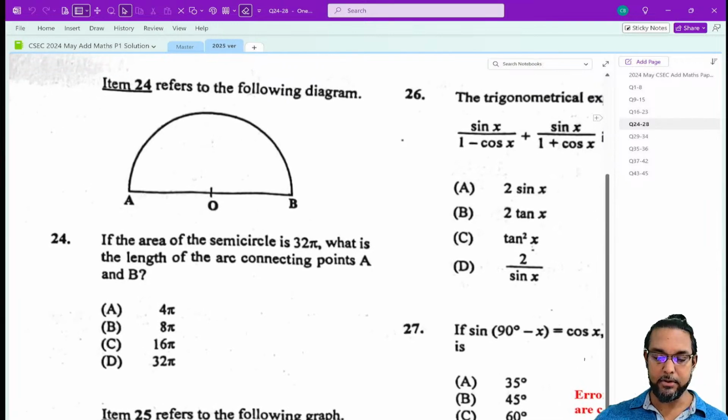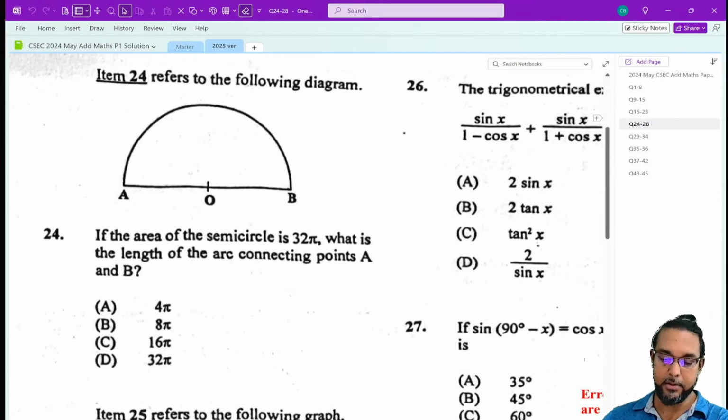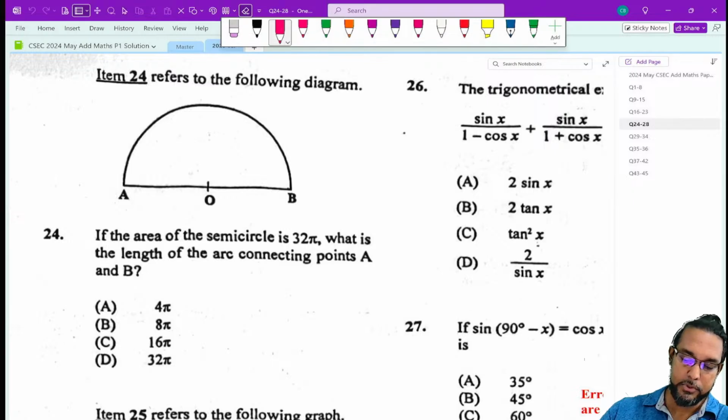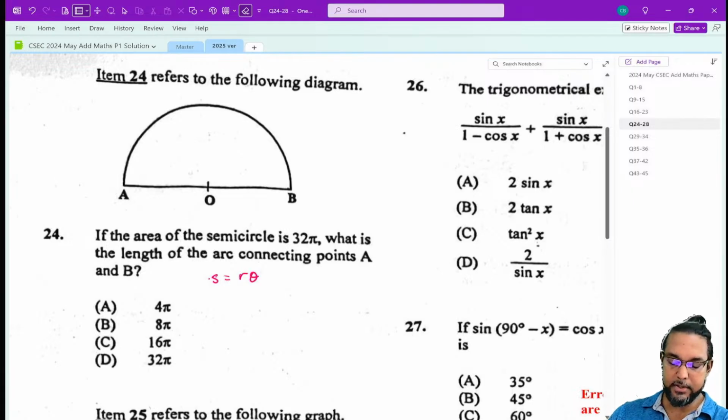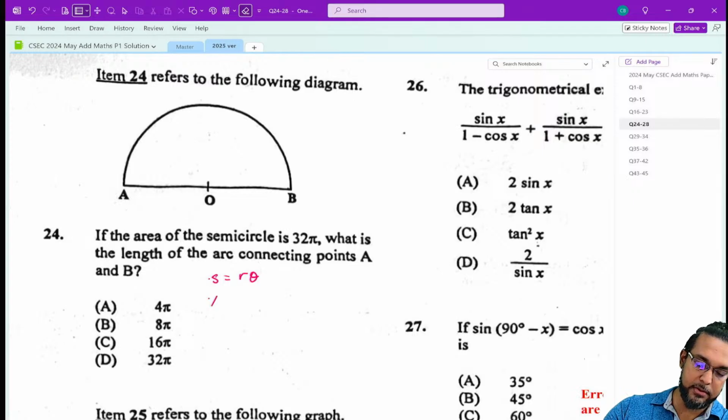Okay, if the area of the semicircle is 32 pi, what is the length of the arc connecting points A and B? This is interesting. Okay, so arc length, which I call S, is equal to R by theta. The area of the sector is equal to half R squared theta. Now R squared is what?